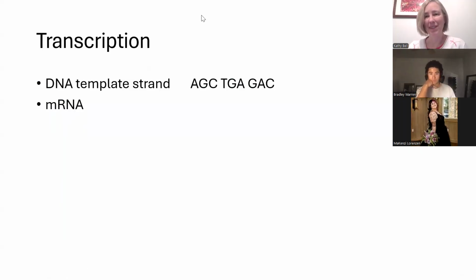Okay, let's practice doing transcription here. We've got our DNA template strand, and what's going to be the messenger RNA that we're going to transcribe here?